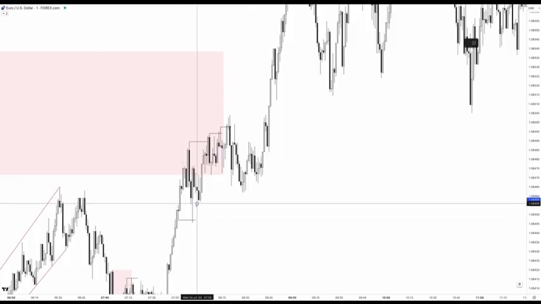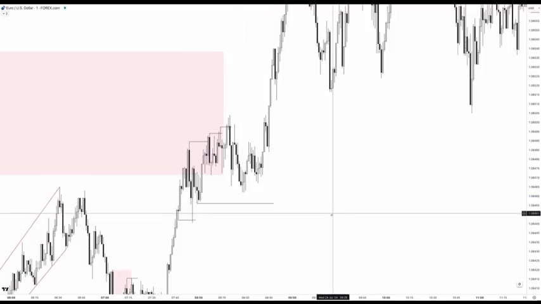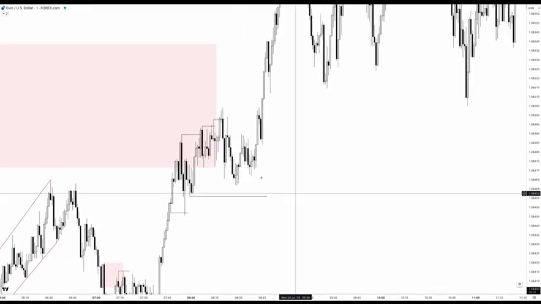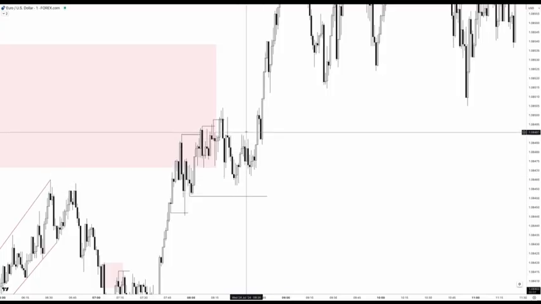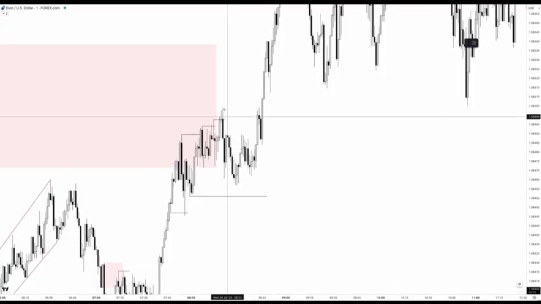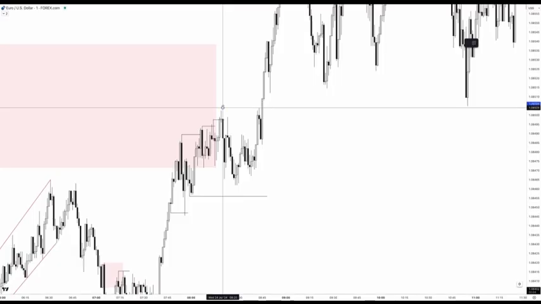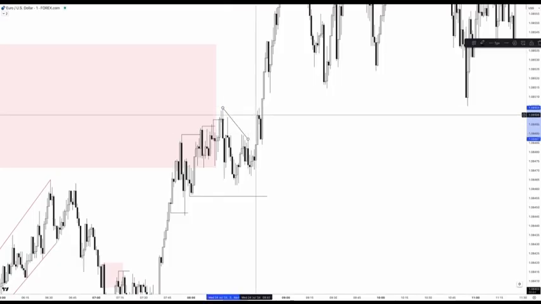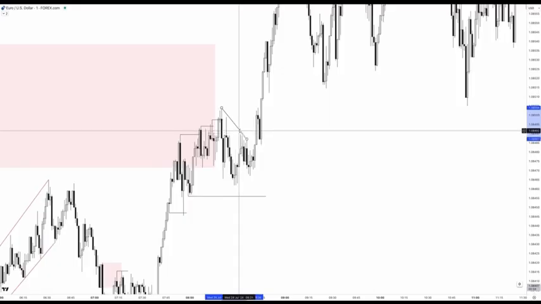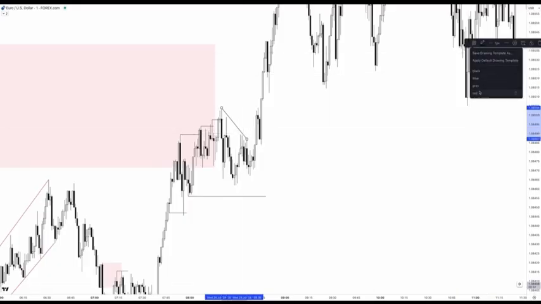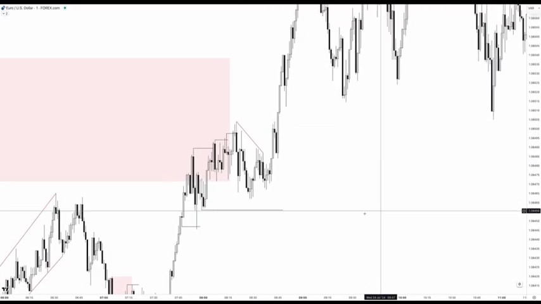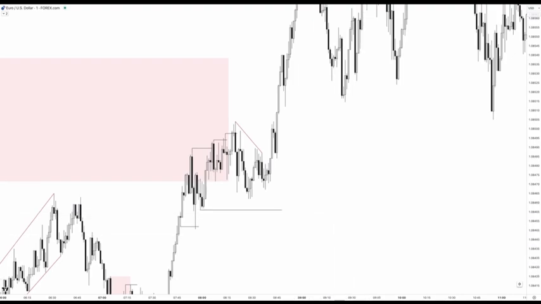Now I would have low-key wanted an entry below here. However, after the market prints this low and came here and built liquidity right here, okay, as you can see right there, let me just turn it red. This right here is now a liquidity block.